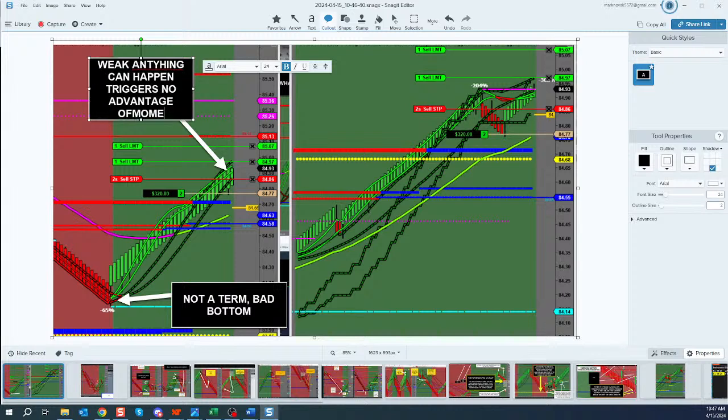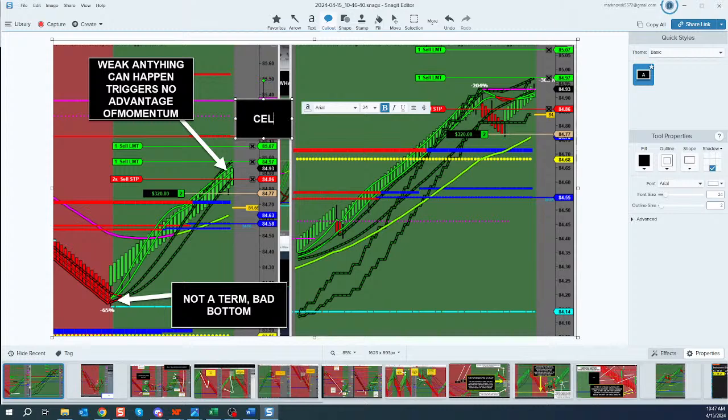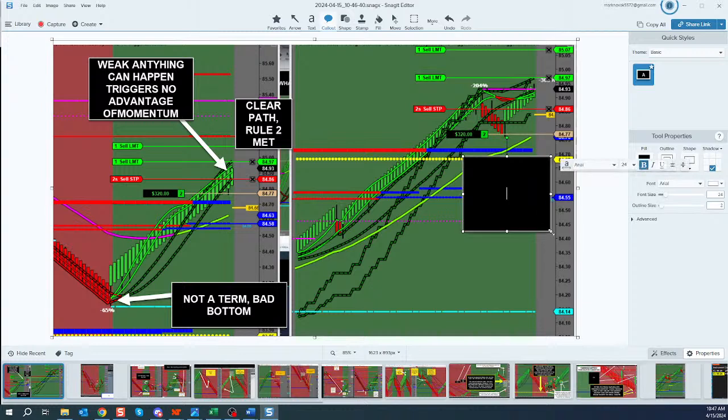No advantage of momentum. But I do have a clear path. Rule 2, Matt. No areas inside of favorable large triggers.